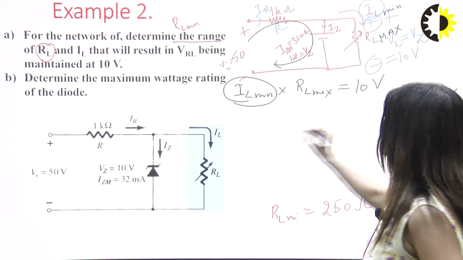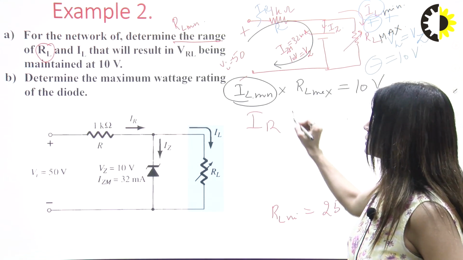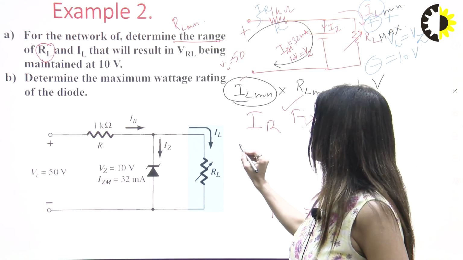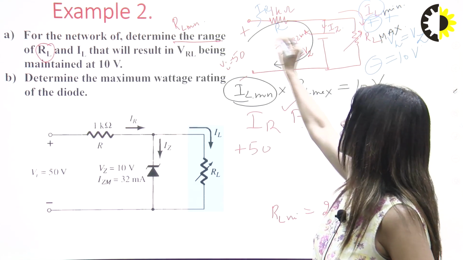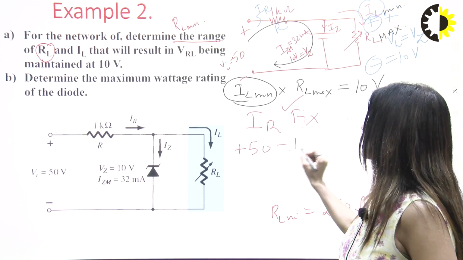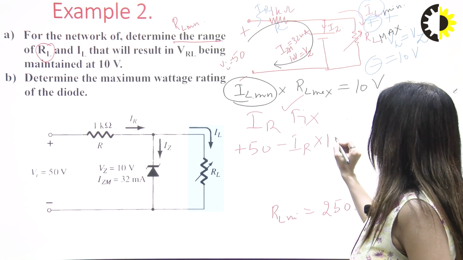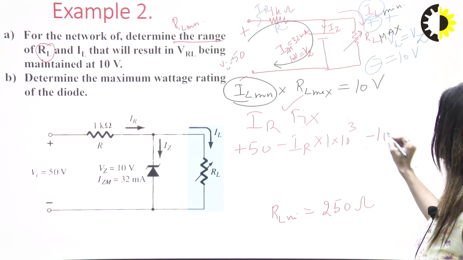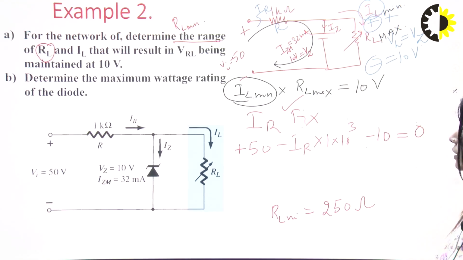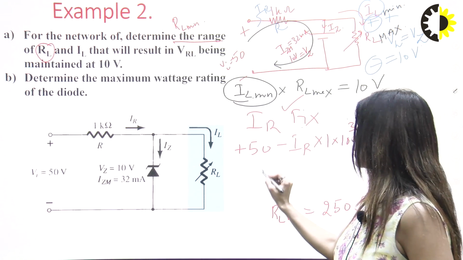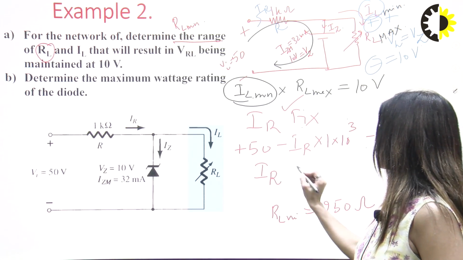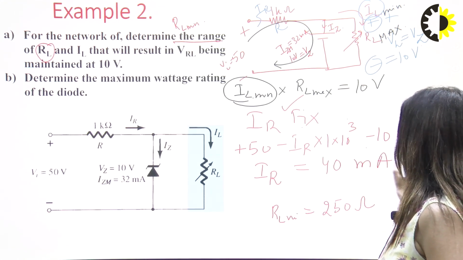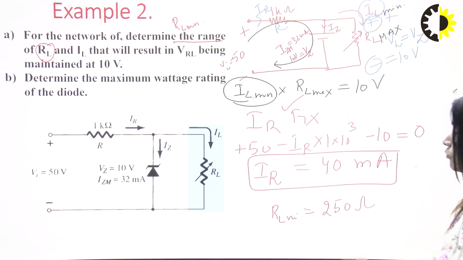You can find this IR by applying KVL in this loop: plus 50 minus IR into 1 into 10 raised to the power 3 minus 10 volt is equal to 0. So you can quickly find the value of IR from here, and that would be 40 milliampere.